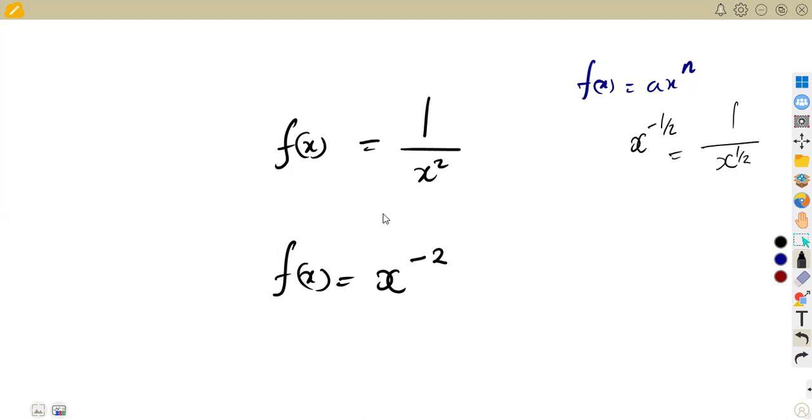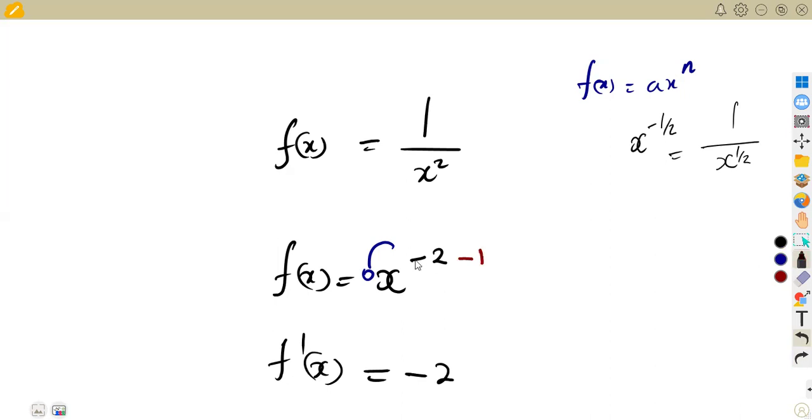The purpose there is having this as x to the exponent, not 1 over this, not under the square root. Once we have this, we can find the derivative with respect to x. We drop the exponent, which is negative 2 times 1, that's a negative 2. Then we subtract a 1 from the exponent.